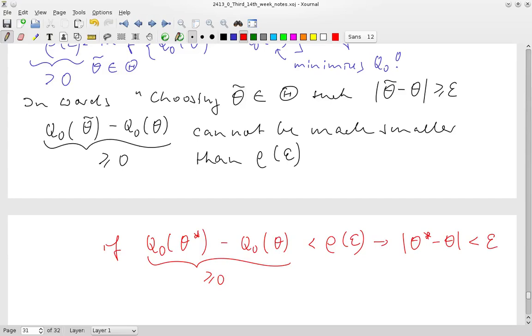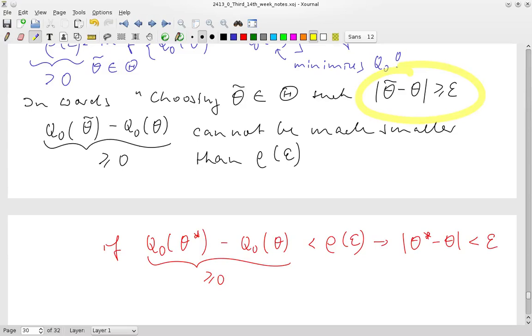Okay, if this difference that you evaluate at your choice theta star is actually less than rho of epsilon, then you can conclude that this condition obviously is violated. Your theta star is closer to theta than epsilon.